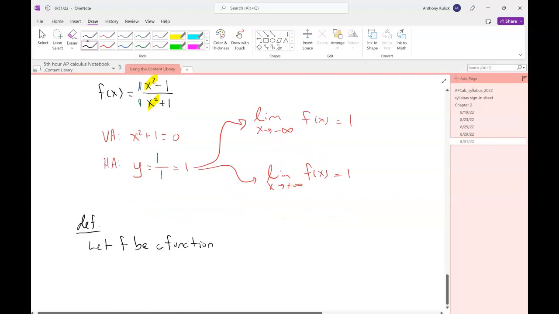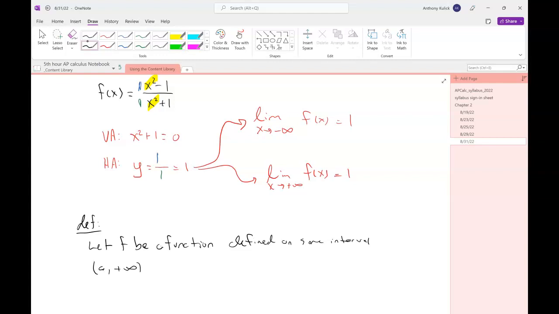So f is a function defined on some interval, let's say a to positive infinity.